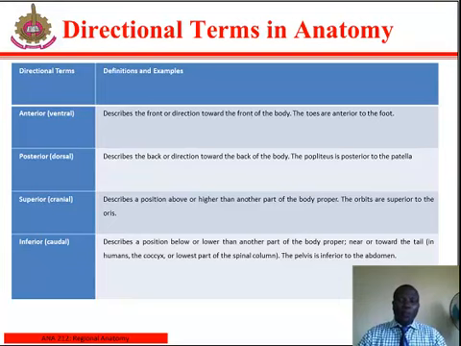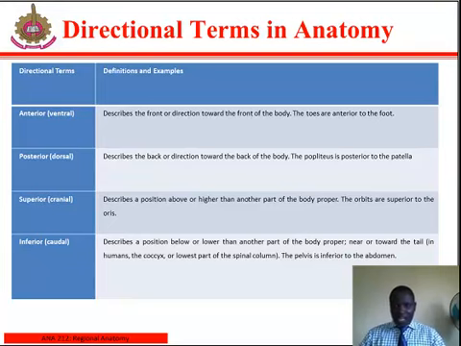Directional terms in anatomy. Standardized terms of reference are used when anatomists describe the location of the body parts. Relative means the location of one part of the body is always described in relation to another part of the body.